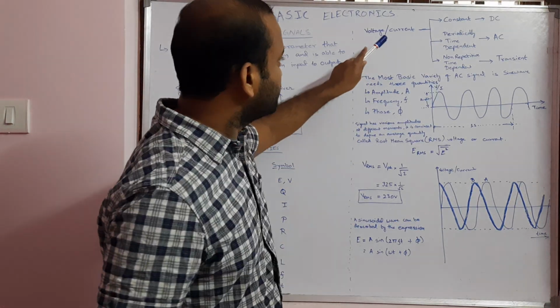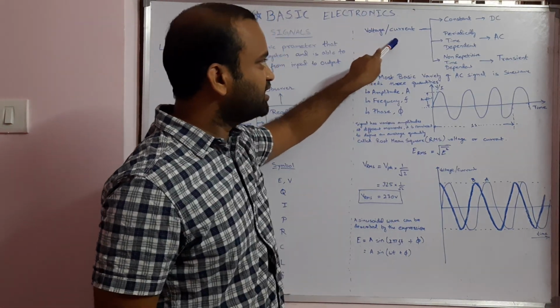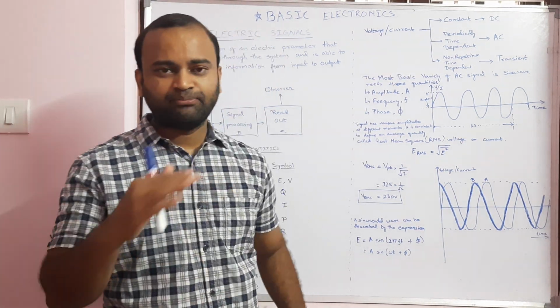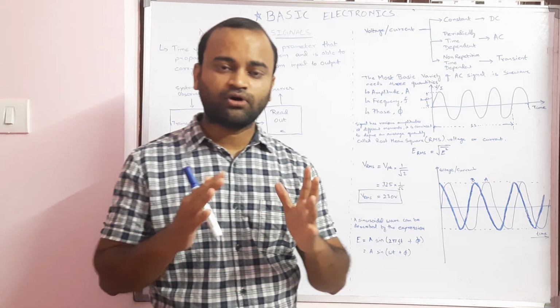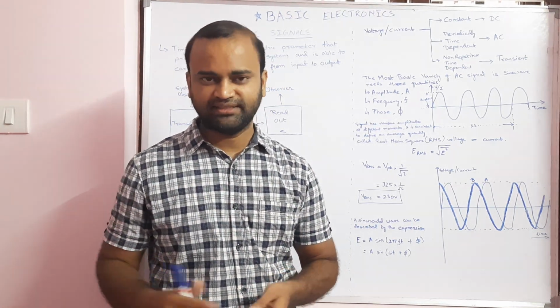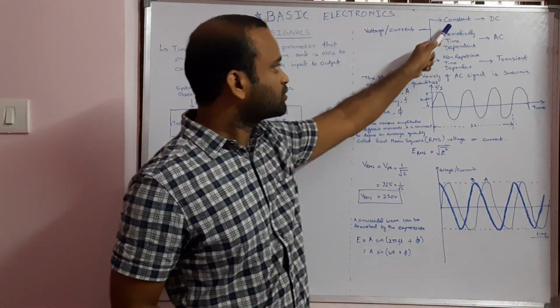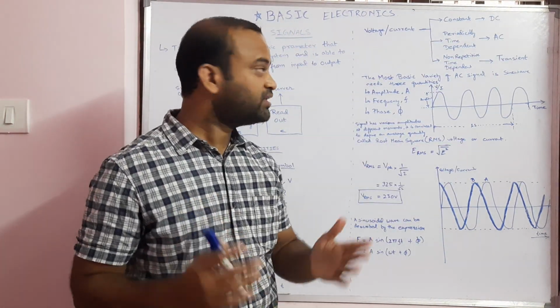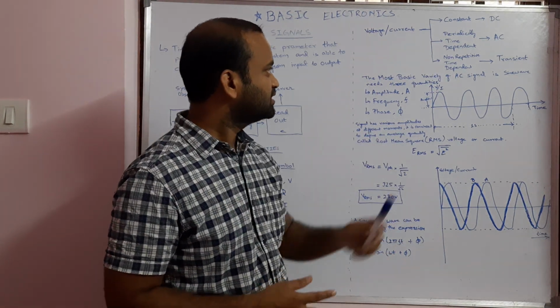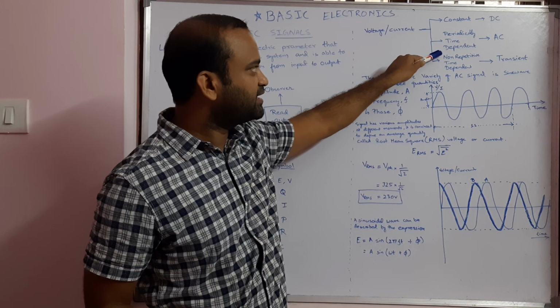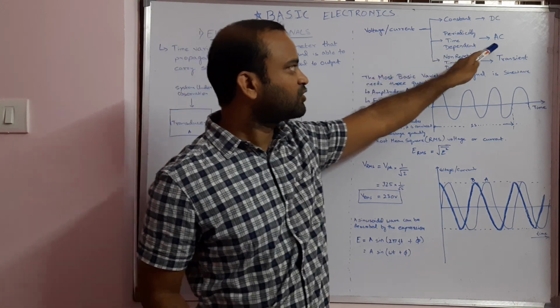If the voltage or current is constant, that is, its magnitude or amplitude is not changing with time, then it is called DC. If a voltage or a current is changing periodically and is time dependent, then it's called AC.